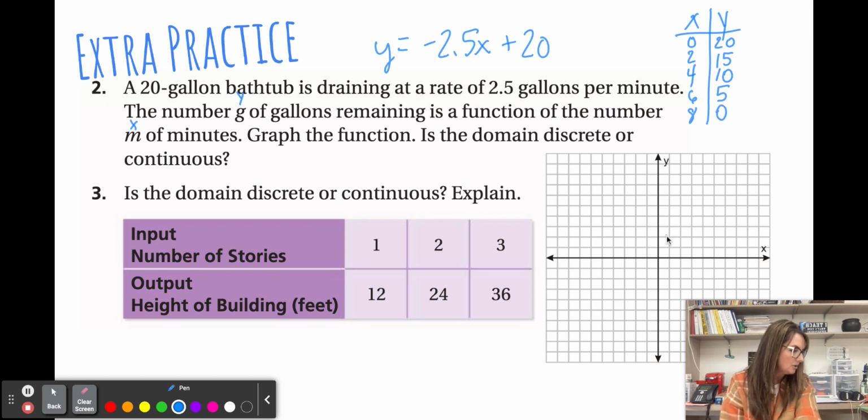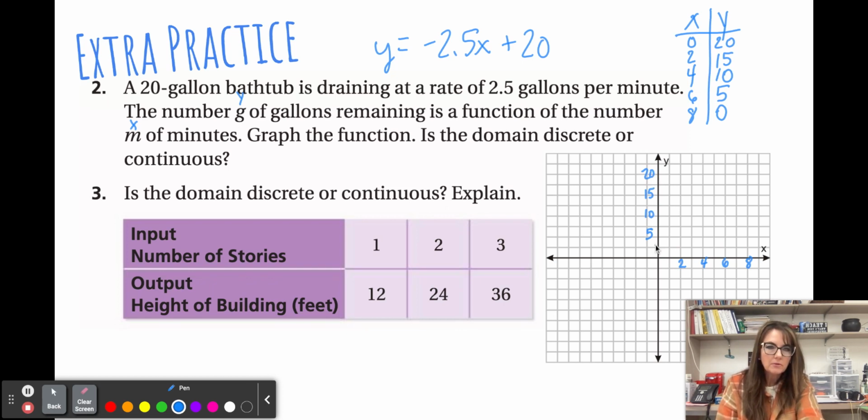So let's maybe skip every other one here. How did I do this? So we'll do 5, 10, 15, and 20. And then 2, 4, 6, and 8. So I start up here at 20.